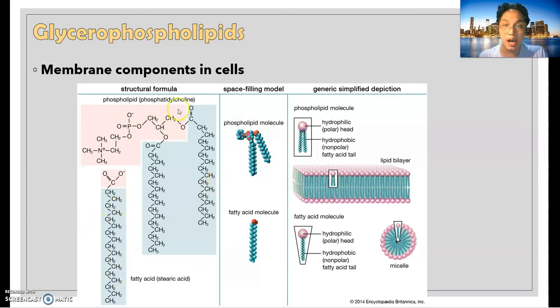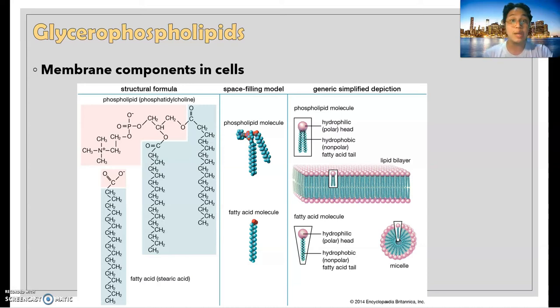Take lecithin, the phosphatidylcholine. This phospholipid will attract another phospholipid molecule. The tail, that hydrophobic part, will attract another hydrophobic part, forming a structure until they stick together. That is called a lipid bilayer, particularly a phospholipid bilayer, which is two layers of phospholipids.